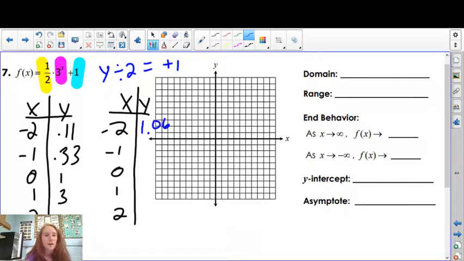Since I'm starting to run into my graph, I'm going to round. 0.33 divided by 2 plus 1 is 1.17. 1 divided by 2 plus 1 is 1.5. 3 divided by 2 plus 1 is 2.5. 9 divided by 2 plus 1 is 5.5. Since I have an asymptote, my y follows and is equal to 1.